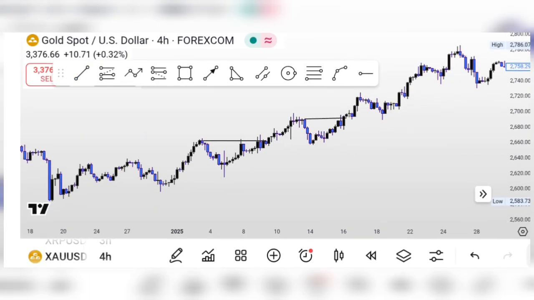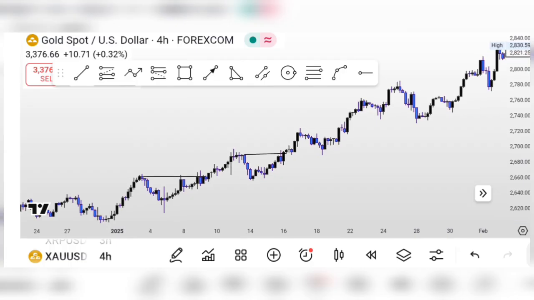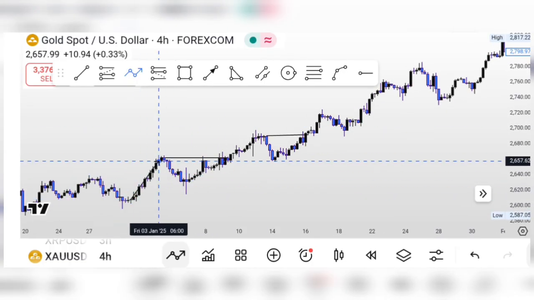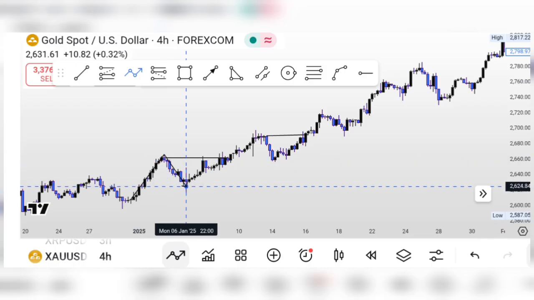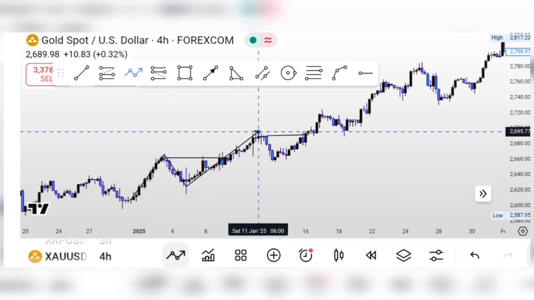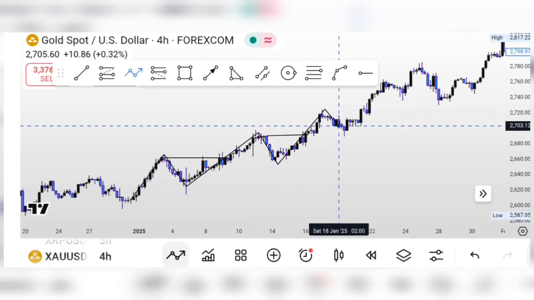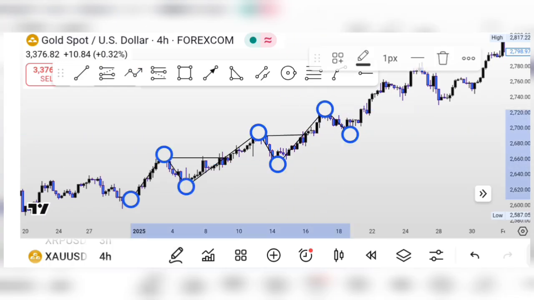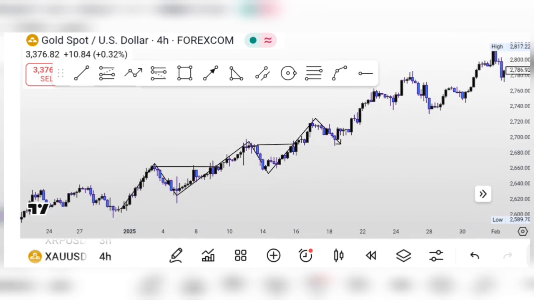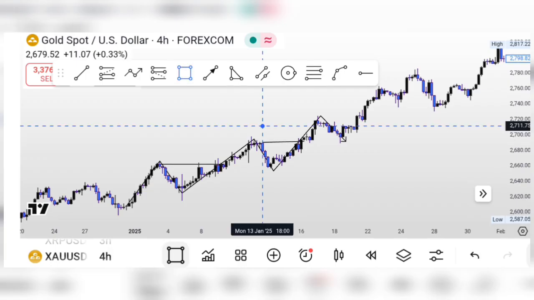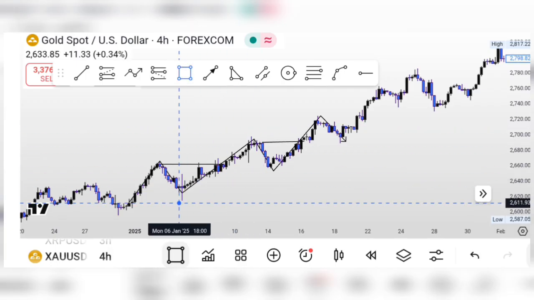So in every break of structure, there must be a retest. So as I've said, higher high, higher low, then there is a break of structure, another higher low, then there is a break of structure, another higher low. So that is how the market moves, and it moves like that continually, because this is an uptrend.